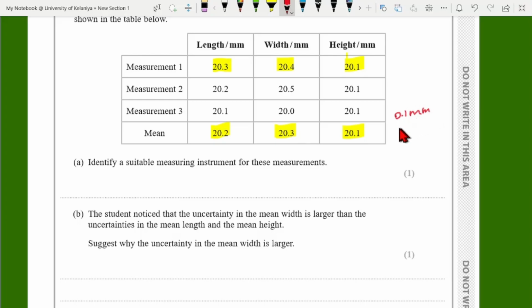So you can directly reject the meter ruler, because we cannot measure anything smaller than 1 millimeter by using a meter ruler. So it should be a digital caliper, vernier caliper, or a micrometer. You can write any of these three measuring instruments. I am going to write vernier caliper for my answer.